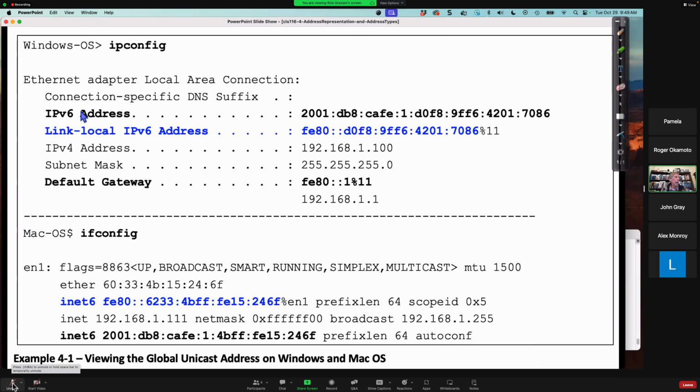But what you will see is a link local IPv6 address. Your operating systems are already enabled for IPv6. They will give themselves a link local address as soon as it boots up.